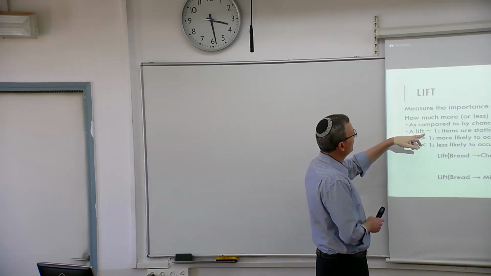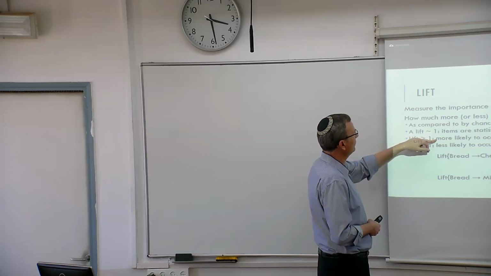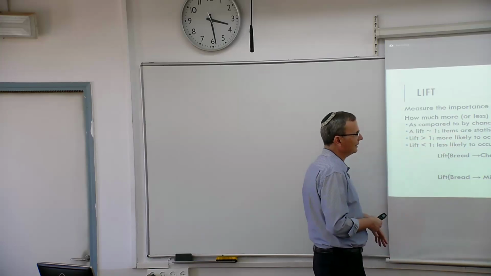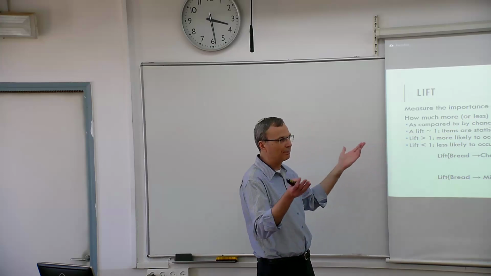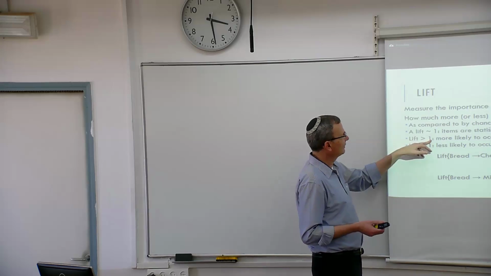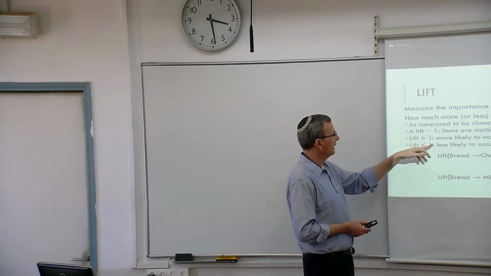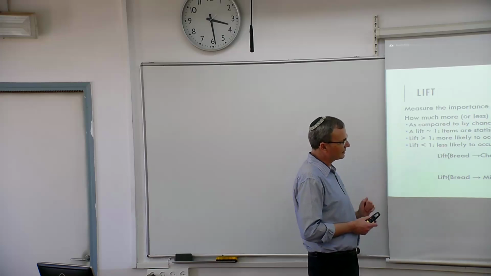If this index, which I'm going to explain in a minute, is 1, it means that the items are statistically independent, and it just happened by chance that they appear together. They have no relation. If it's higher than 1, then it's more likely to occur. If it's less than 1, then it's not.